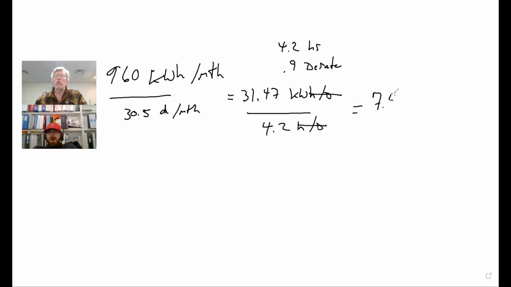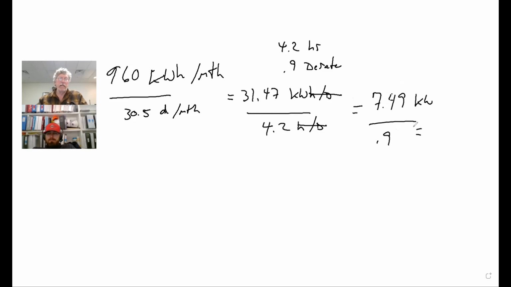Oops, 7.49 kilowatts. So that's the size system I would need if it were 100% efficient, but it's not. It's only 90% efficient. So I divide that by the derate, and I end up with an 8.32 kW system.